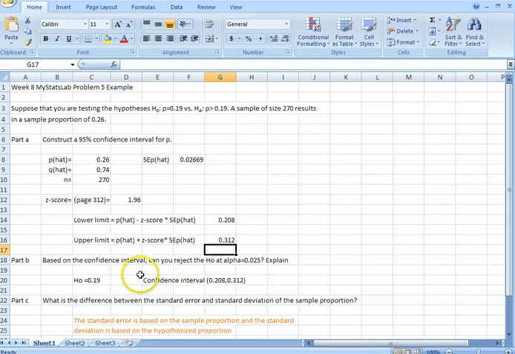And since our null hypothesis of 0.19 is actually less than 0.208, then we know that it falls outside of that interval, and thus we can assume that p is going to be greater than 0.19. So there you go, that's part B.